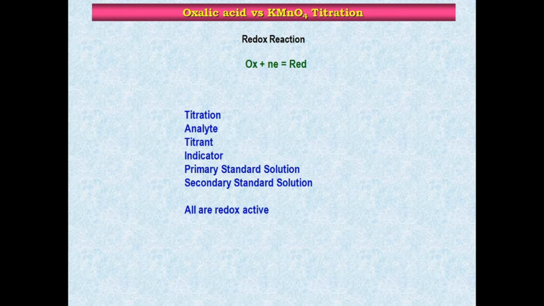Here also, for a redox reaction, we have to be familiar with a few words like titrant, which is present in the burette, analyte, which is inside the conical flask, indicator, which is used in the titration to indicate the equivalent point of the titration, primary standard solution, secondary standard solution, etc. And all these solutions are redox active.